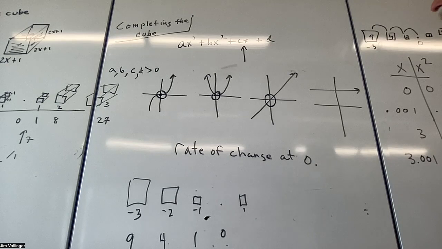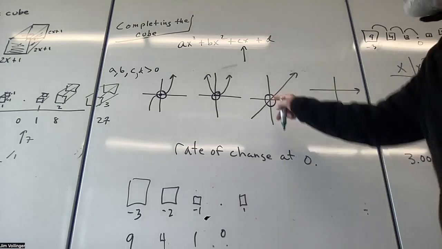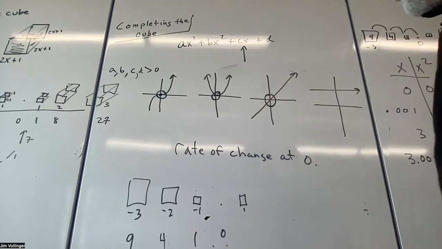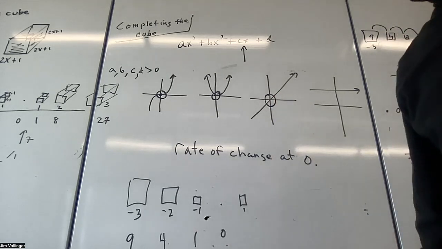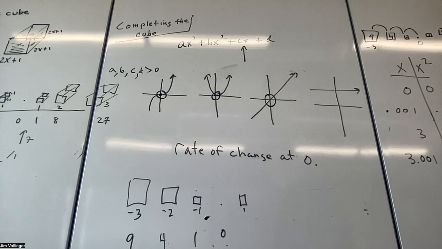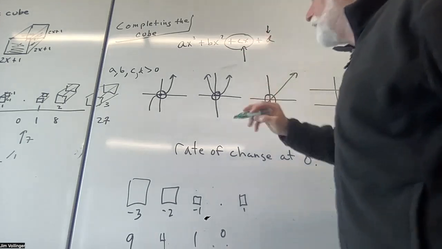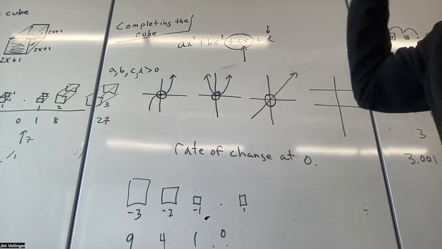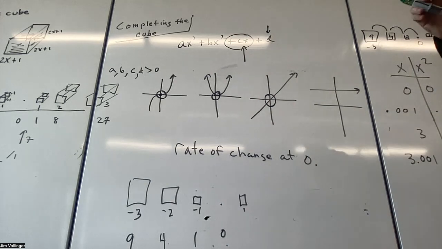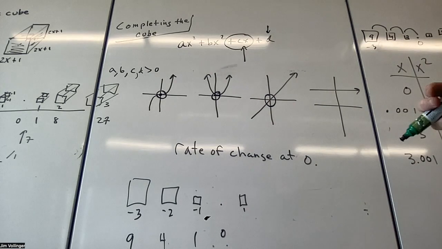So this function should be going up at whatever rate that is. That tells you something about y-intercepts, doesn't it? The y-intercept is going to be that, and how it's changing at the y-intercept is going to come from the linear term.